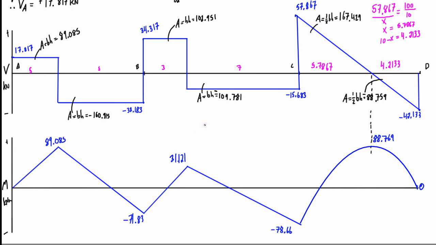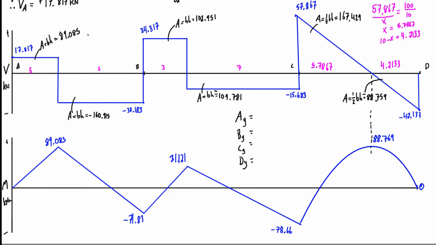The only other thing that this question was asking for was the reactions. It wanted AY, BY, CY, and DY. All right, so we can look at the shear force diagram to get these.